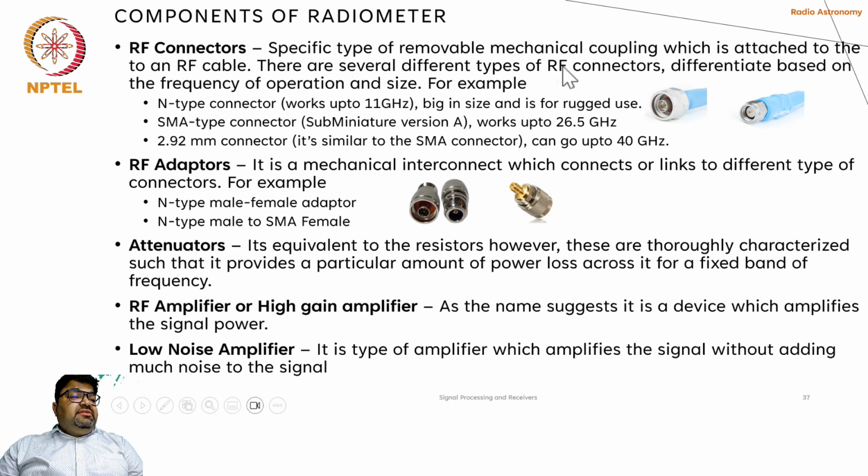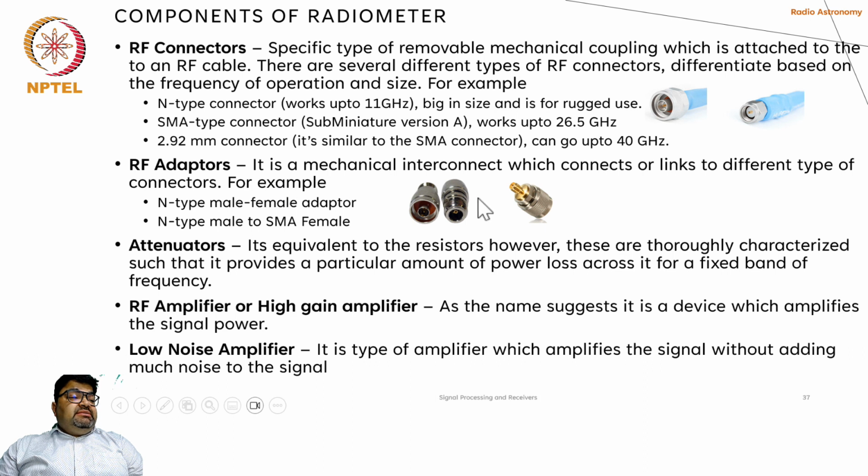There are several types of RF connectors, differentiated based on frequency of operation and size. N-type connectors work up to 11 gigahertz, are big in size, and are for rugged use. SMA type connectors, sub-miniature version A, work up to 26.5 gigahertz. 2.92 mm connectors, which are similar to SMA connectors, can go up to 40 gigahertz.